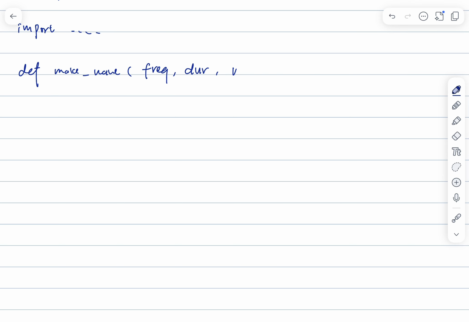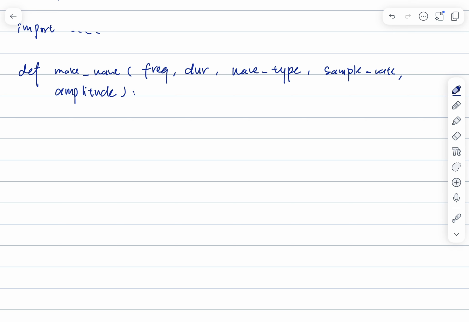Okay, so we're going to calculate first the time, then the phase, and then we're going to go into the wave things. First let's calculate t, because we need t for our actual waves. t is going to be np.linspace. This basically gives you an equal amount of dots, equally spaced.